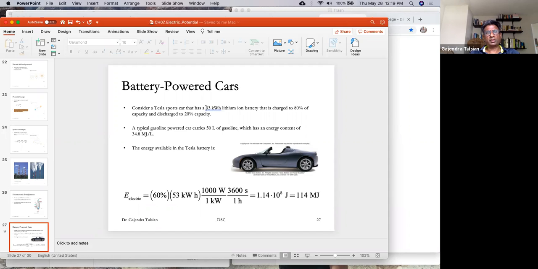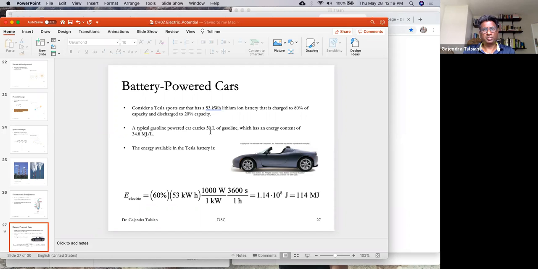The S model, I believe, comes with a battery size of 53 kilowatt hours. Kilowatt hour is a unit of energy. That's the maximum energy you can store in that battery. Kilowatt means 1,000 watts, so you can get 1,000 watts out of that battery for 1 hour. That's what that energy unit means.